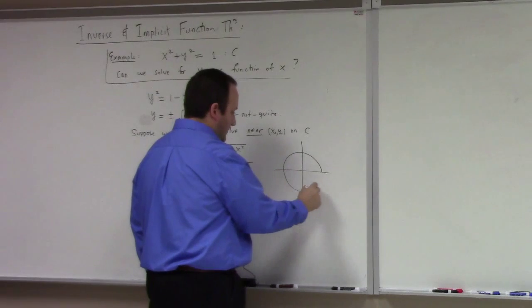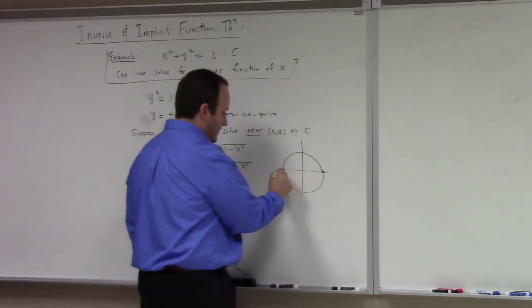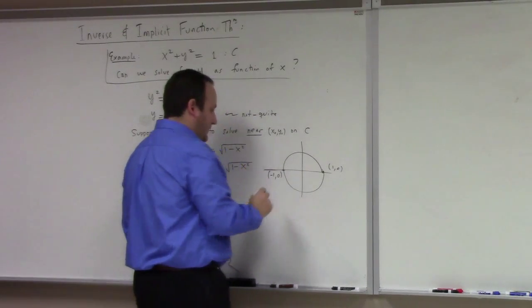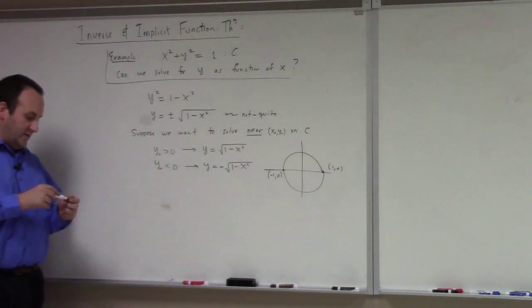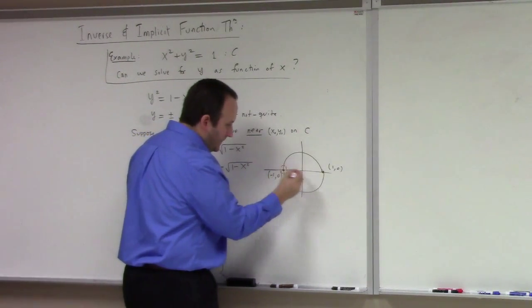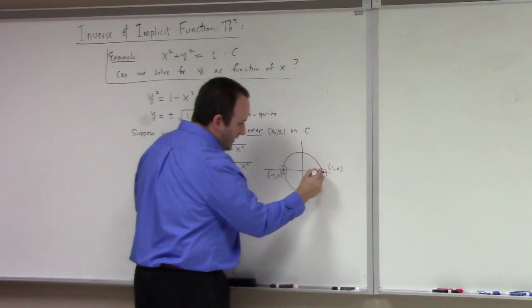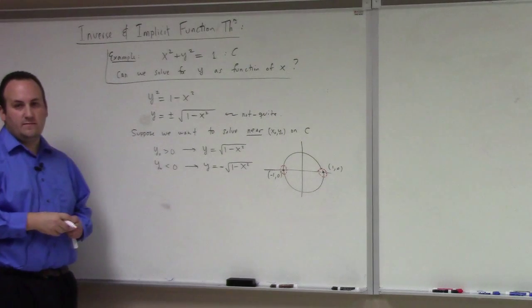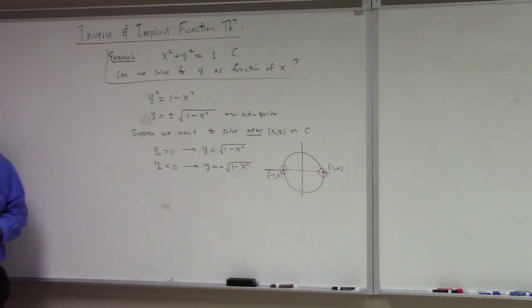If you look at the circle, those 2 points, 1, 0 and minus 1, 0, if you look at an open disk around those points, there's no way that you can solve for y as a function of x, because those are not the graph of a function. They fail the vertical line test. You necessarily intersect the northern and southern hemispheres of the circle there.